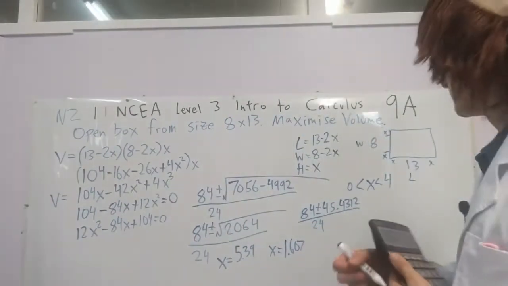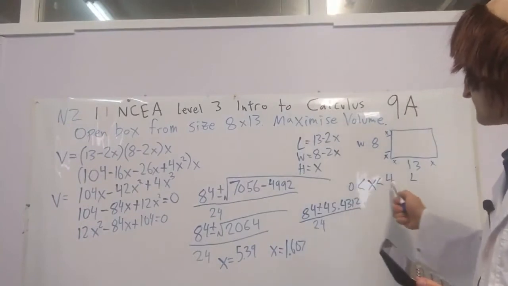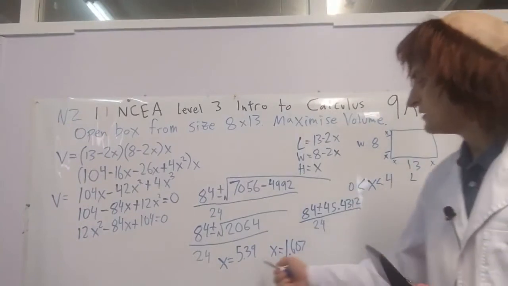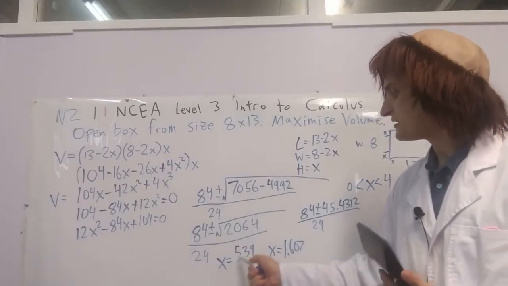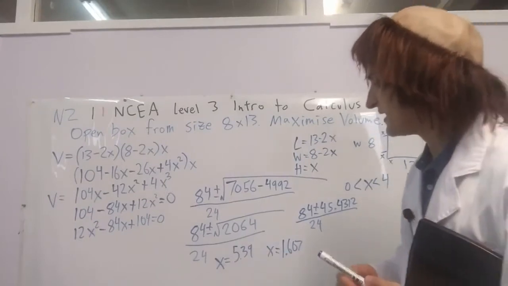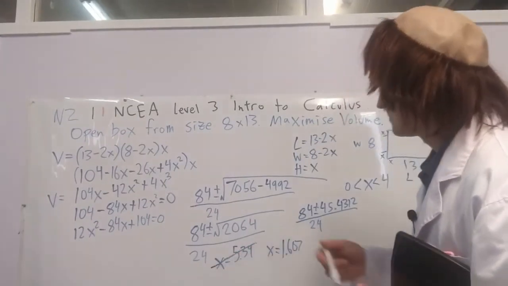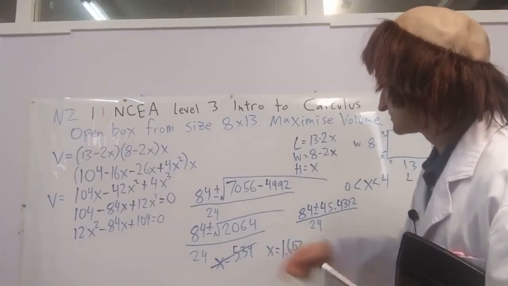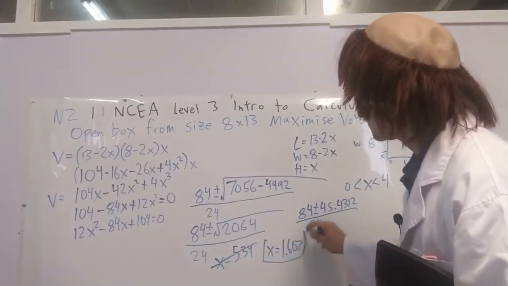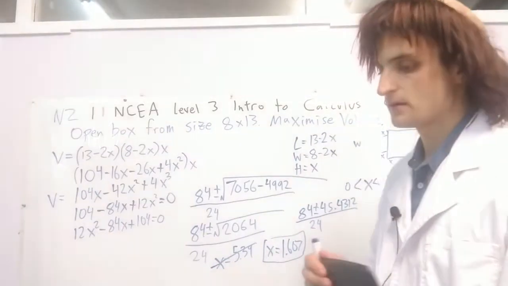And now from earlier, we said that x had to be greater than 0 but less than 4. This optimizes the volume, but what this one does is it minimizes the volume. We don't want it minimized. We want it maximized. X equals 1.607.